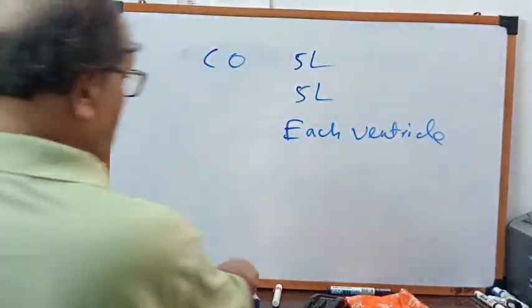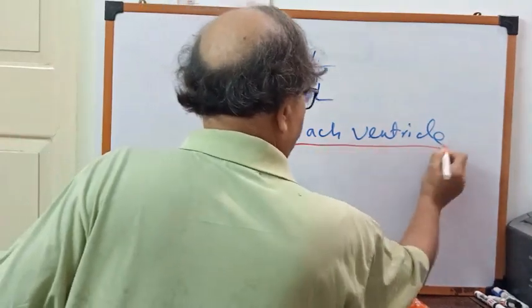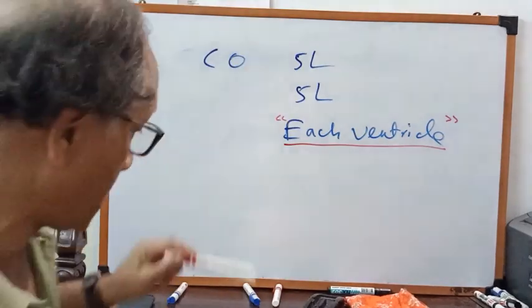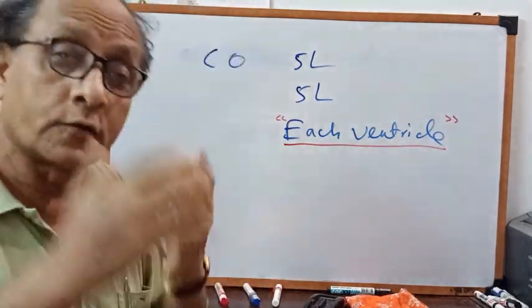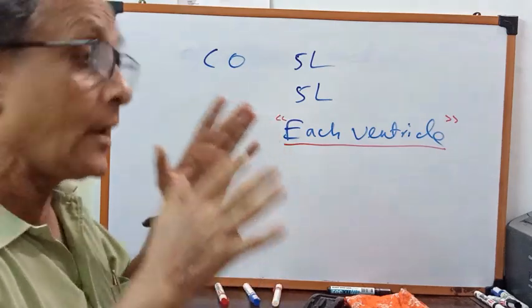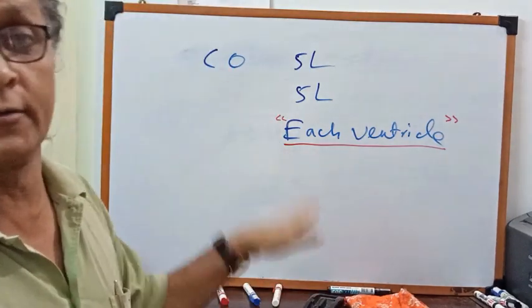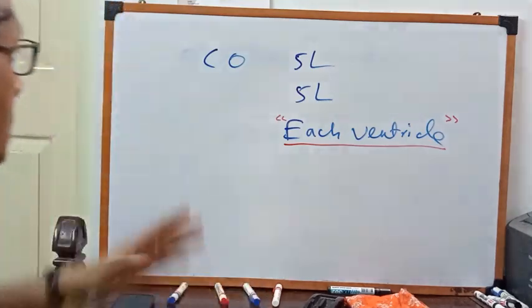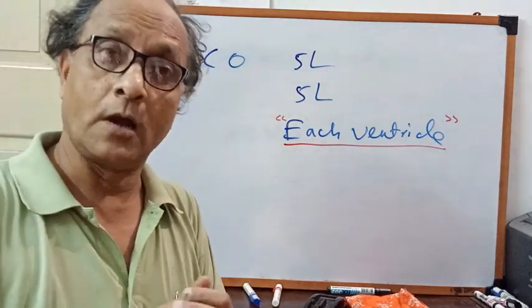So please remember this very word. Even an established physician, a postgraduate passed out, many a time has this kind of misconception. My students attending this class will never do that. So this is the definition of cardiac output.